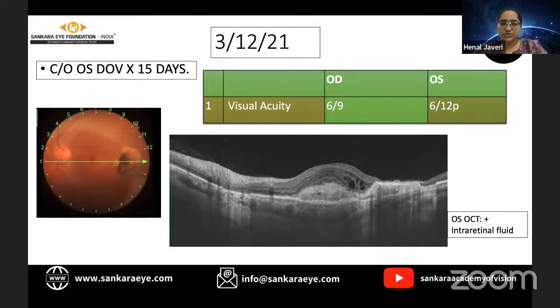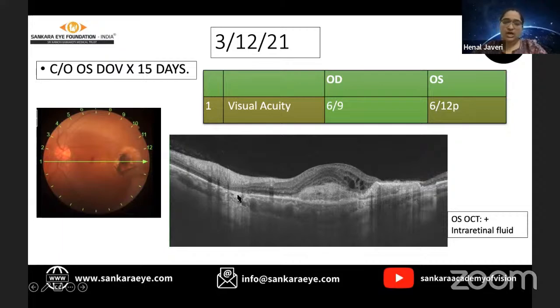Again, the patient was lost to follow-up and presented back after almost 4 months with a reduction of vision in the left eye for 15 days. On OCT, we noticed that there was an intraretinal fluid pocket and activity of the CNVM.